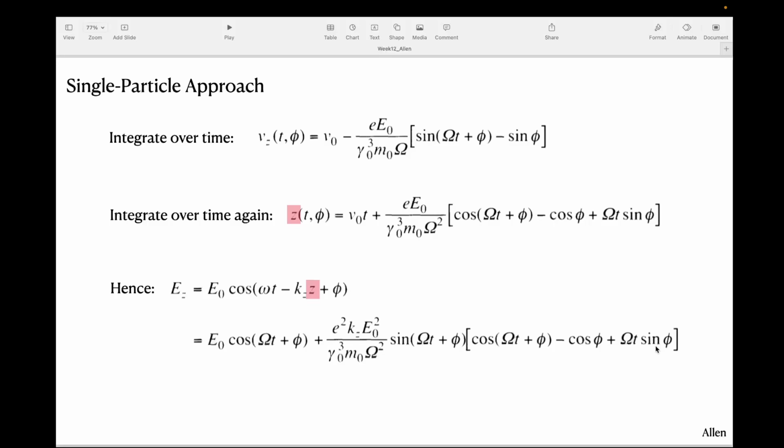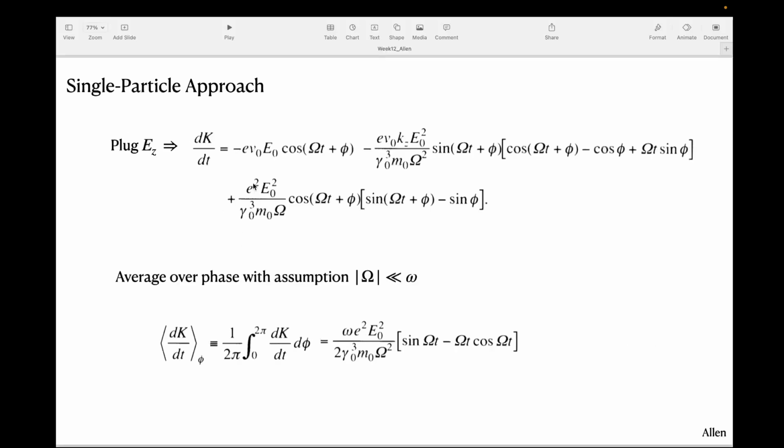With the relationship of the velocity, of course we can get the velocity along the z direction over time, as shown here. Integrating the velocity gives the position, the z position right here, and therefore we get the electric field expressed in this term. We can plug what we obtained, the electric field along the z direction, into the time derivative of the kinetic energy.